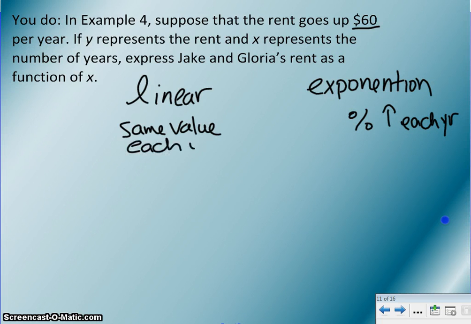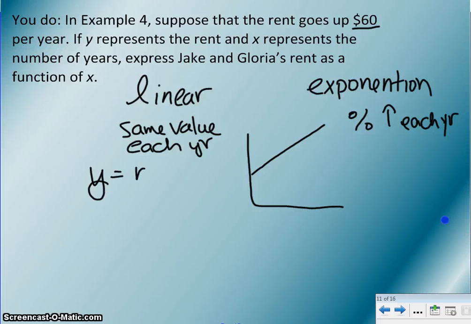So when we look at this, we've got $60 each year, so we're looking at the same value. When I draw my slope and I see that it's going to be going up by the same amount every single year, creating a line, and whenever we're creating a line like that, we're looking at our age-old formula of Y equals mx plus b, or my slope-intercept form.